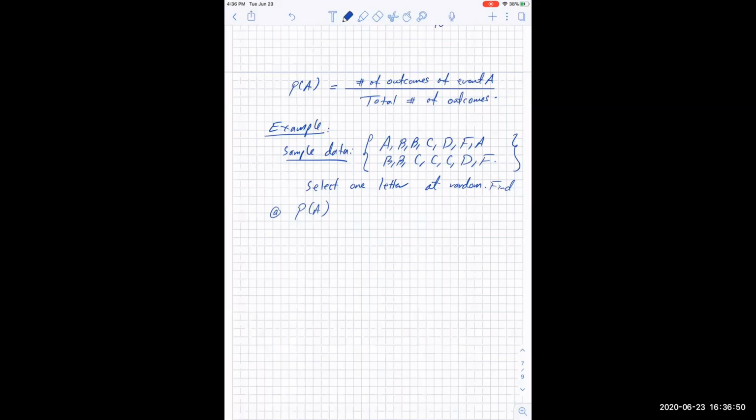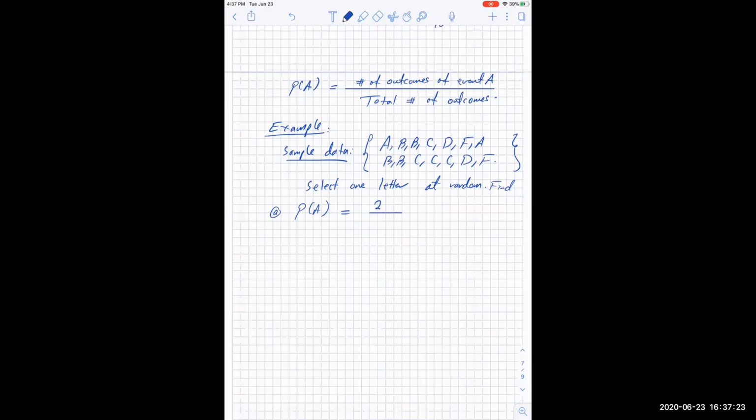Some letters are more than the others, so the probability of selecting an A is different from the probability of selecting a B, because I have more A's in the set than B's, or more B's than A's, so the probability is different for each letter. So what is the probability of A in this case? How many A's do I have in this set? I have 2, but out of how many?